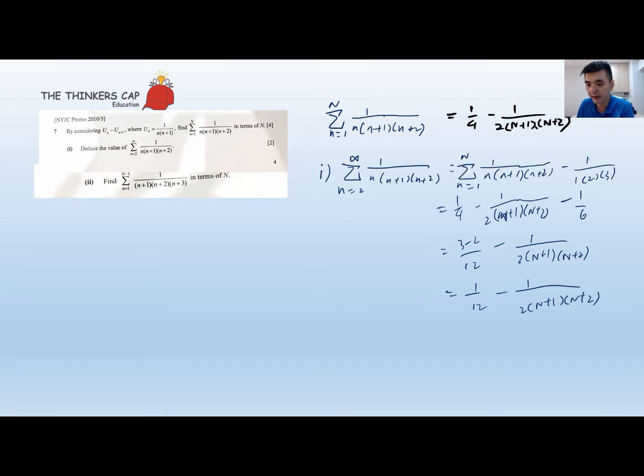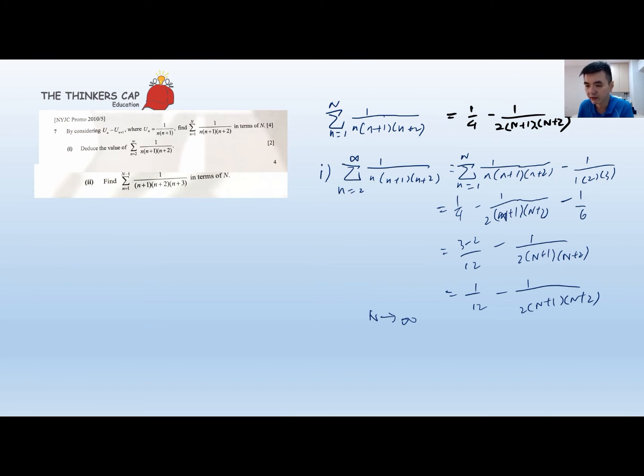So as my n approaches infinity, because basically that's what the sum to infinity implies, where n is infinity, the second term actually is a fraction which contains n as a denominator.